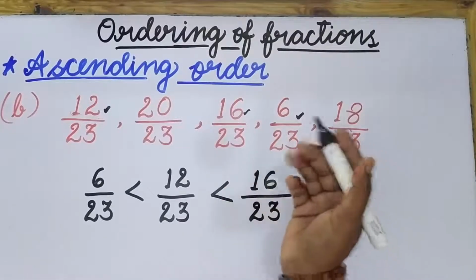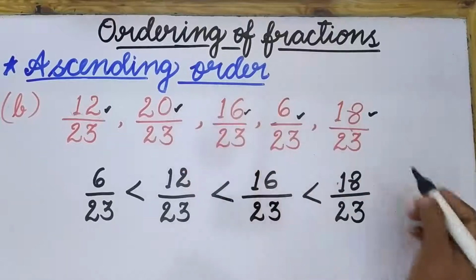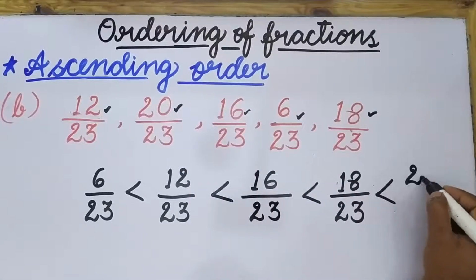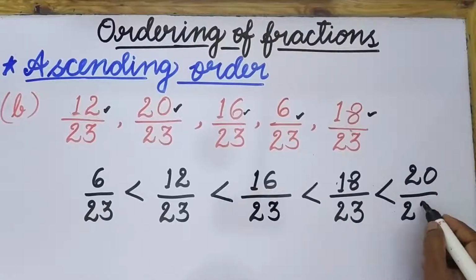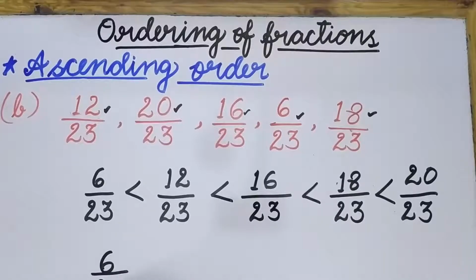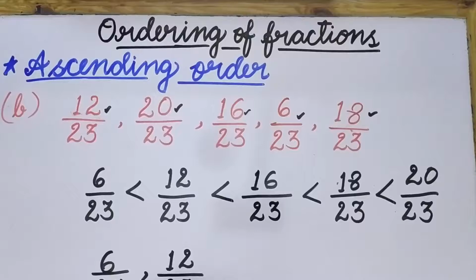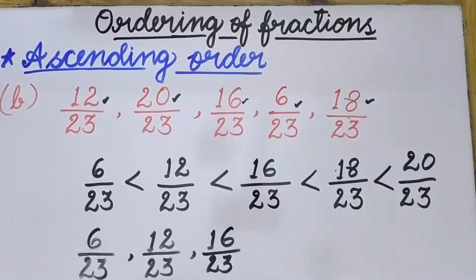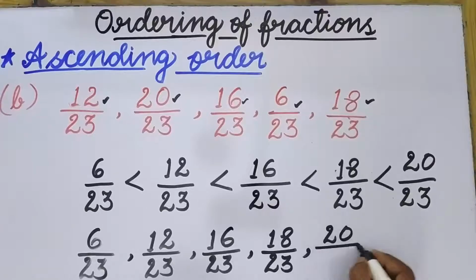Finally, which is the greatest? Okay, 20 by 23. So, this is in the order of ascending order. We can write the ascending order of these given fractions as 12 by 23, 16 by 23, 18 by 23, and finally the greatest fraction, 20 by 23.